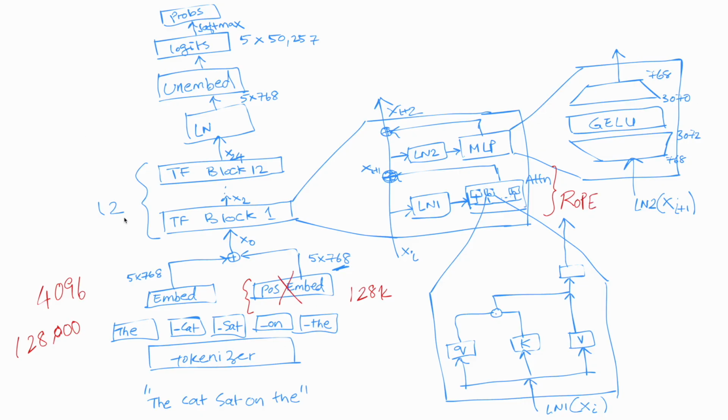And instead of 12 transformer blocks, you have 32. And instead of having 12 heads per attention block, you have 32 attention heads. In terms of the attention, remember we're using QKV attention. LLaMA 3.1 uses grouped query attention, which is a variant of multi-headed attention to reduce the computational cost while maintaining model quality.